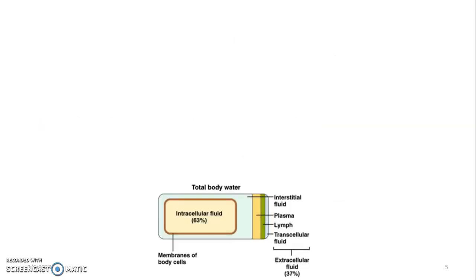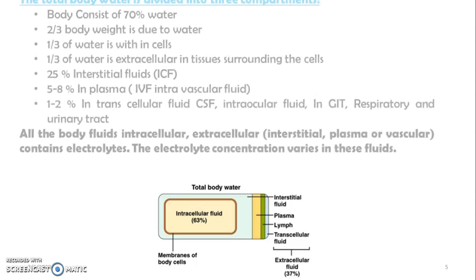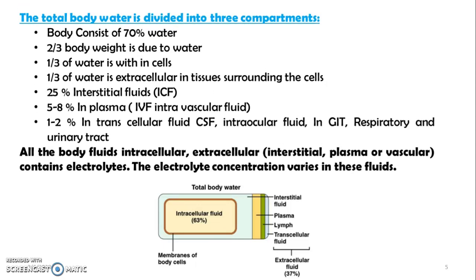So the total body water consists of 63% intracellular fluids and 37% extracellular fluids. The body consists of 70% water. Two-thirds of body weight is due to the water.